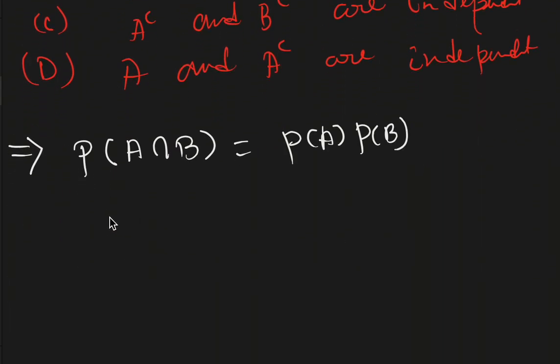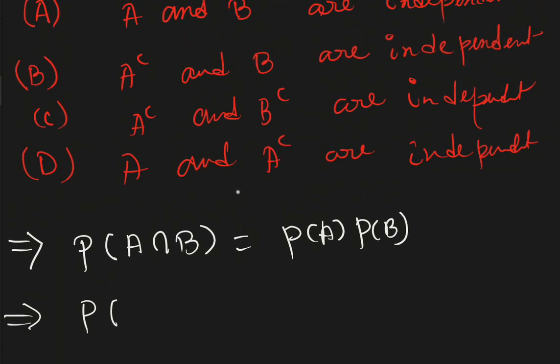So are A and B complement independent or not? If A and B complement are independent of each other, then P(A intersection B complement) should be P(A) into P(B complement). So let's check it.